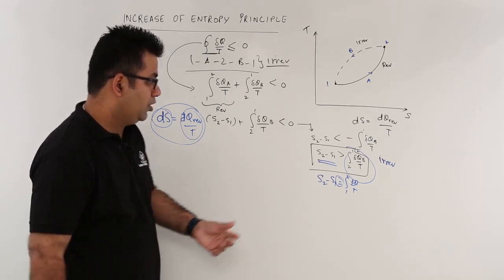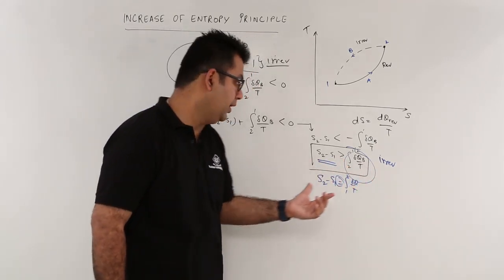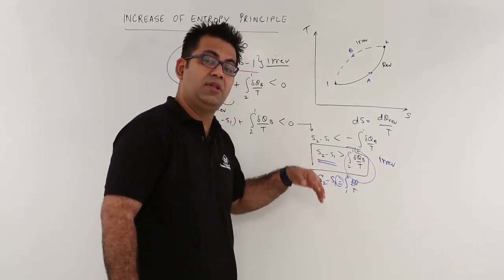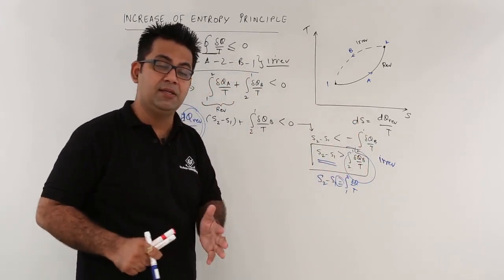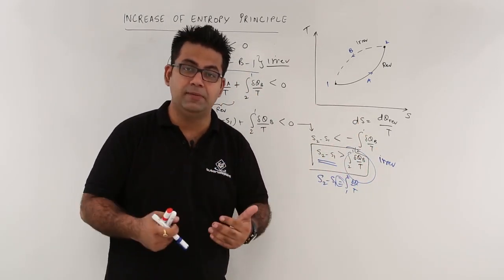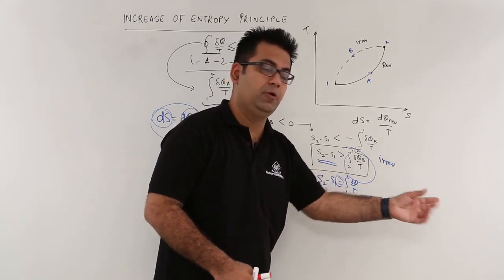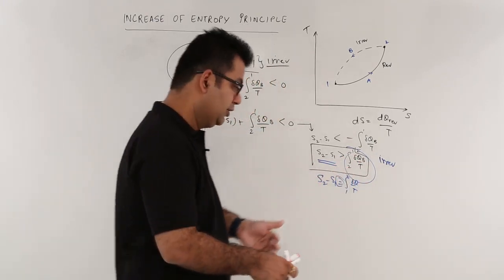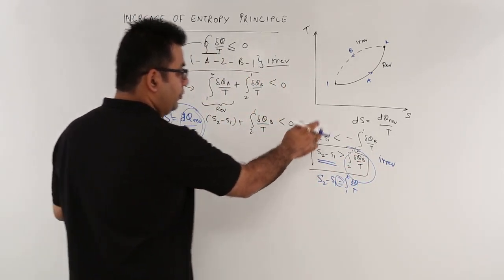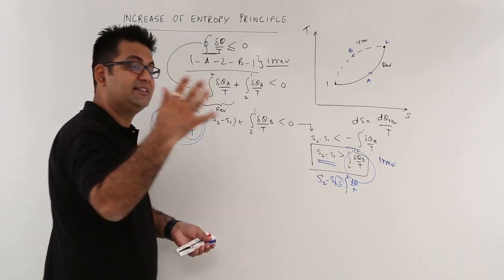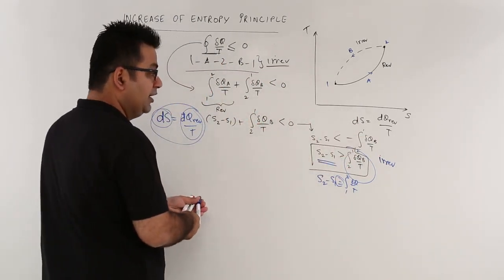Okay, so because for an irreversible cycle, the entropy change is more than the entropy transfer, this means that there is some extra term which should be on the right hand side to make it equal, isn't it? So to remove the inequality sign and to put an equal to sign, we need to add something on the right hand side of the equation.